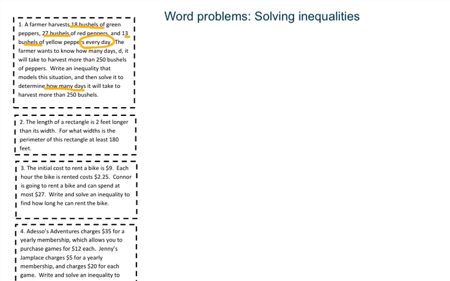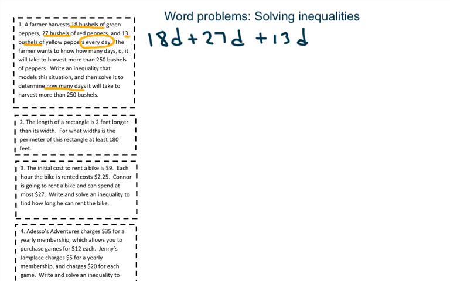So we have 18 bushels of green peppers every day, so that's 18 times the number of days. We have 27 bushels of red peppers every day, so that's 27D. And we have 13 bushels of yellow peppers every day.